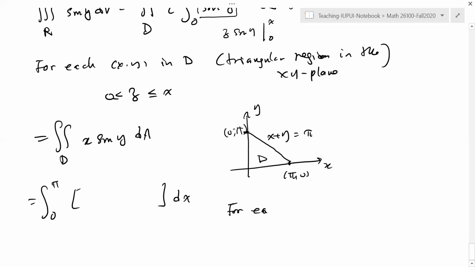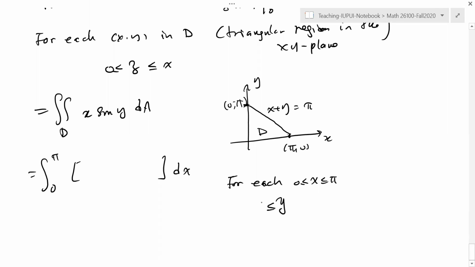So for each x between 0 and pi, using horizontal lines, the y value is between 0 and pi minus x. So here it's the integral from 0 to pi minus x of x sine y dy.